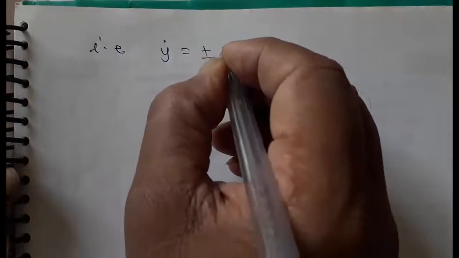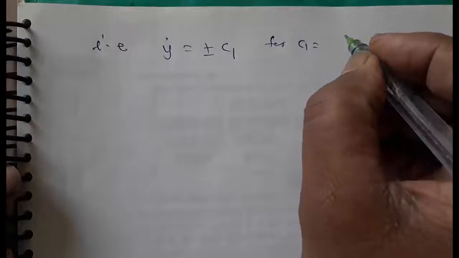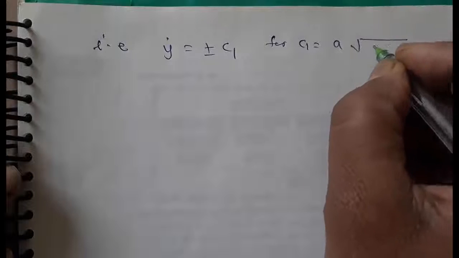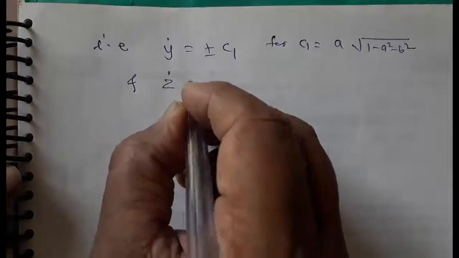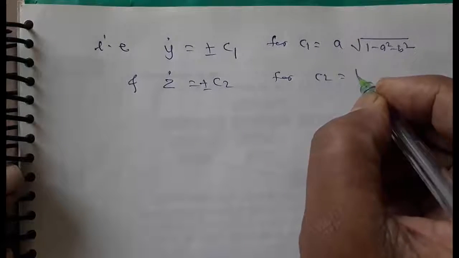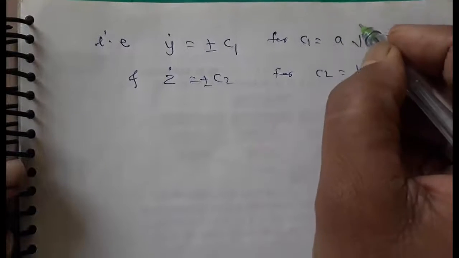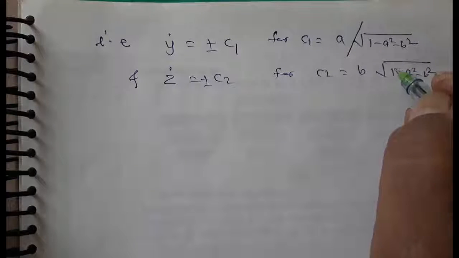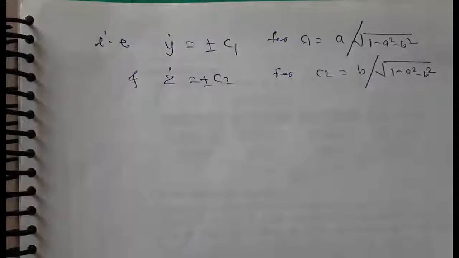That is nothing but y dot equal to plus minus c1, and z dot equal to plus minus c2, where c1 equal to a divided by root of 1 minus a square minus b square, and c2 equal to b divided by root of 1 minus a square minus b square.